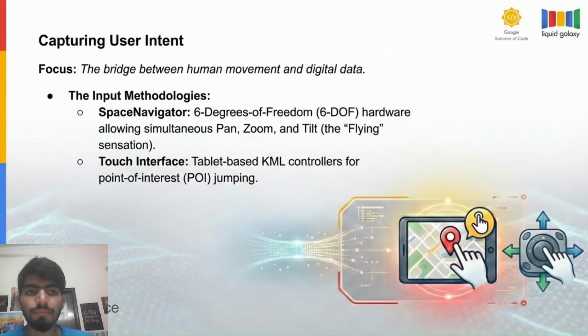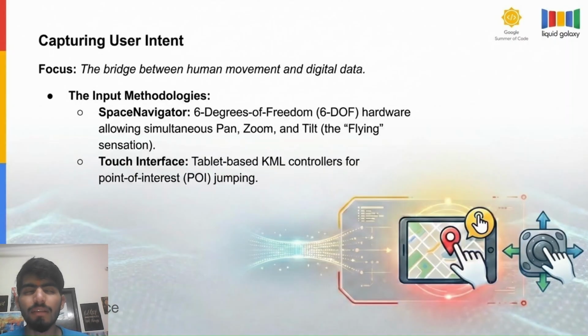So let's go. First of all is getting an input from a user, capturing user intent. As the focus suggests, it is the bridge between human and digital data. Two input methodologies are mentioned here: Space Navigator and touch interface.